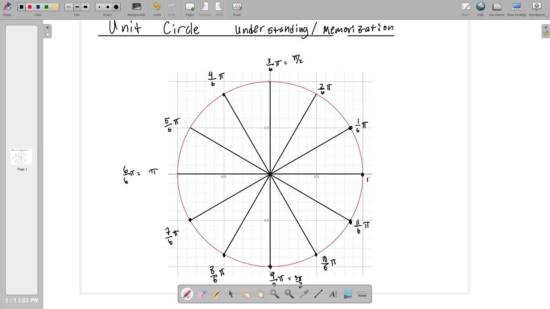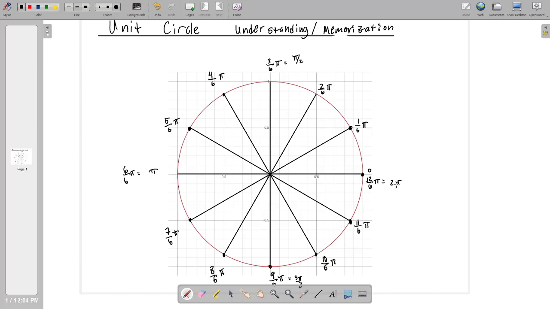Of course, this one is 12 over 6, or 2 pi. And again, we have a 0 on top. So this is how you find the radian measure of every angle. If you were doing degrees, you just add 30 degrees each time. 30, 60, 90, 120, 150, 180, and so on.